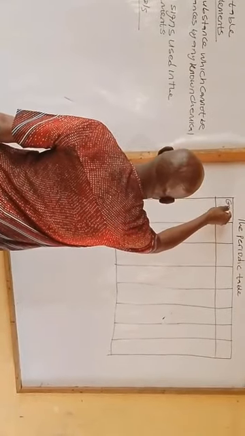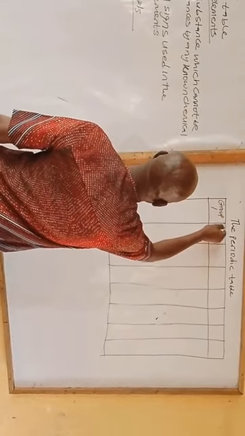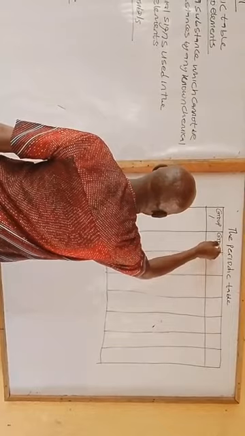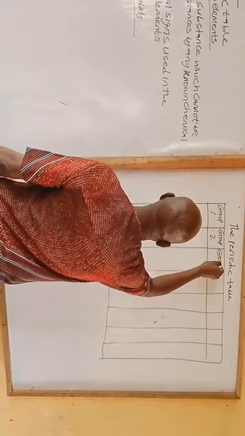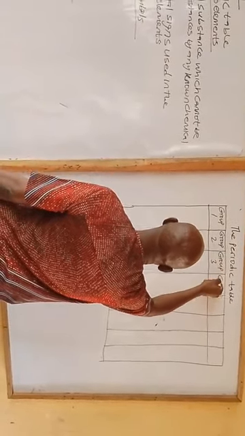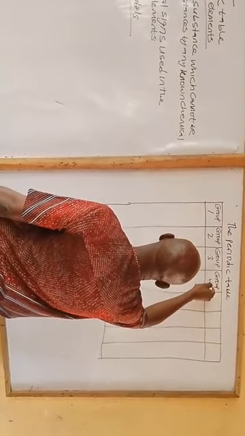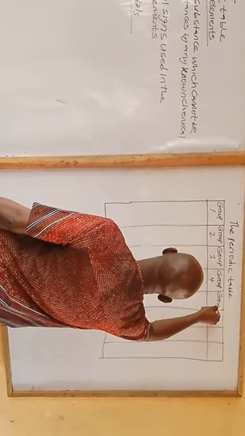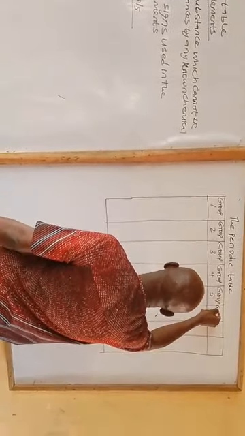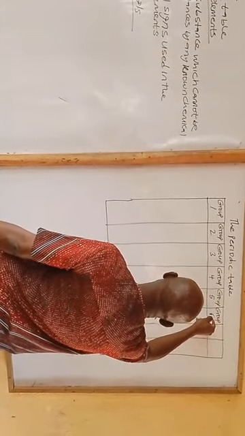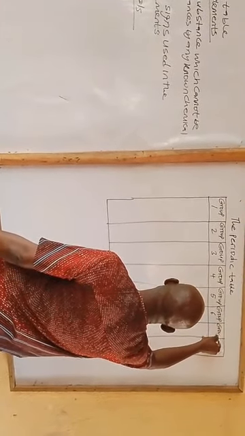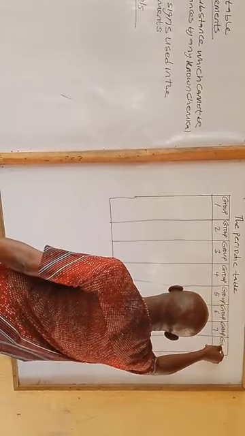So you have group 1, group 2, group 3, group 4, group 5, group 6, group 7, group 8.